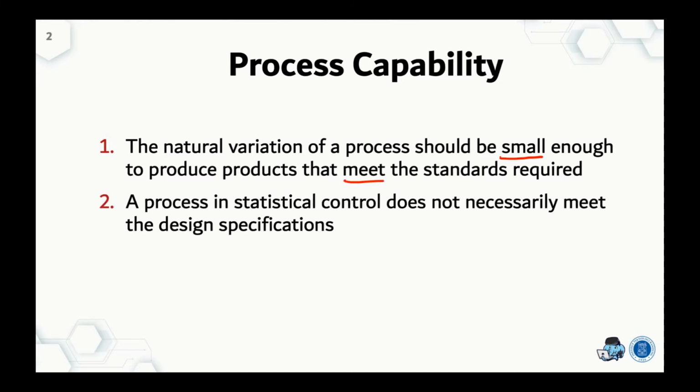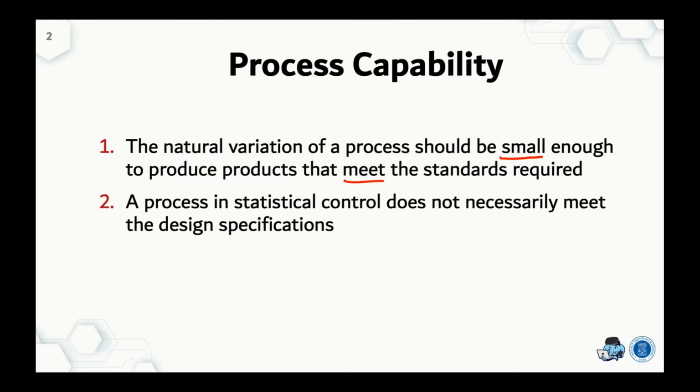A process that is statistically in control doesn't necessarily meet the design specification. This means that even though the process is in control, there is a possibility that it doesn't meet our requirement, our expectation, which is represented in the design specification.